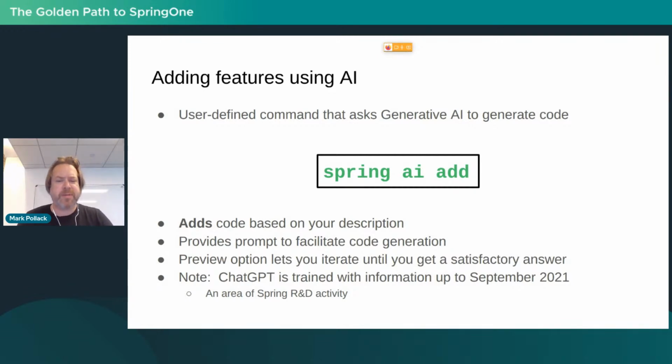So that prompt you don't write. That's the magic sauce to make your simple description work. And often you have to iterate on the description, and we provide a few ways to help you iterate. One of them is to pass in an option called preview, so you don't modify your code base until you see a README of what's going to be changed.